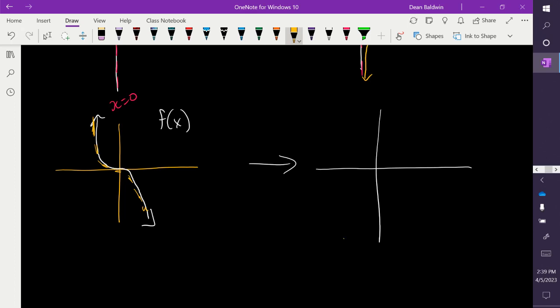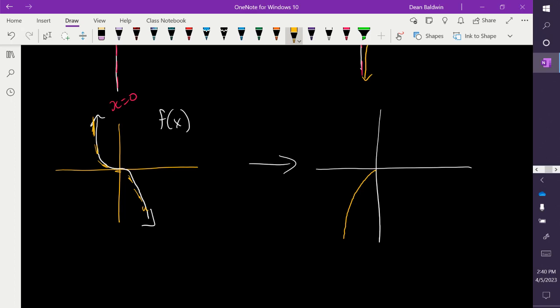So we come up this way. After you get to 0, the slope starts to increase in a negative direction again, right? Because it's negative 0, negative 1, negative 2, negative 3, and it starts shooting way down.